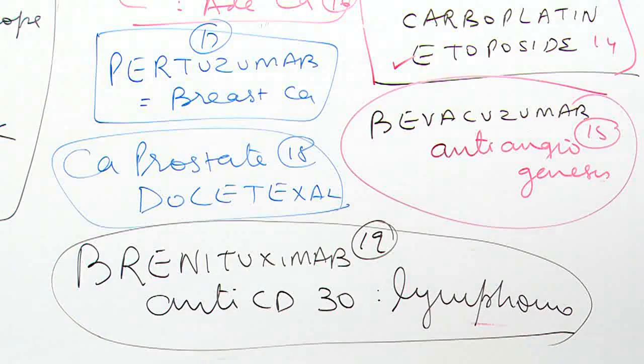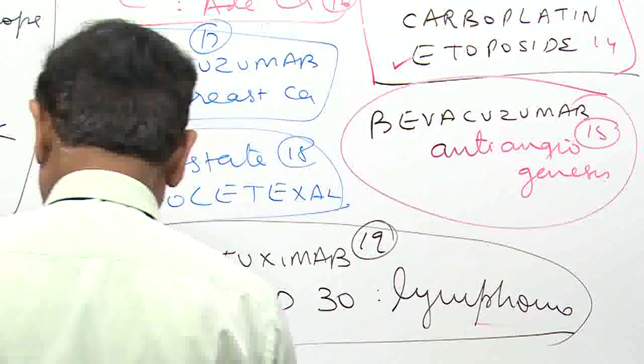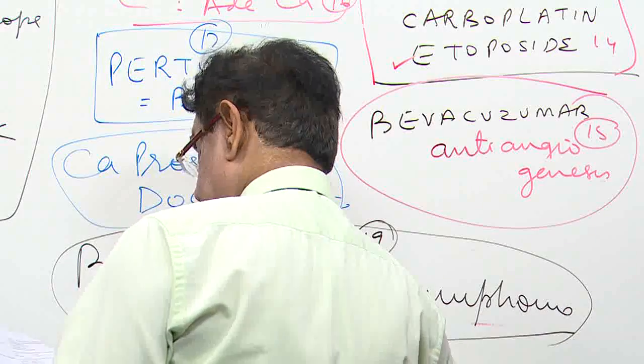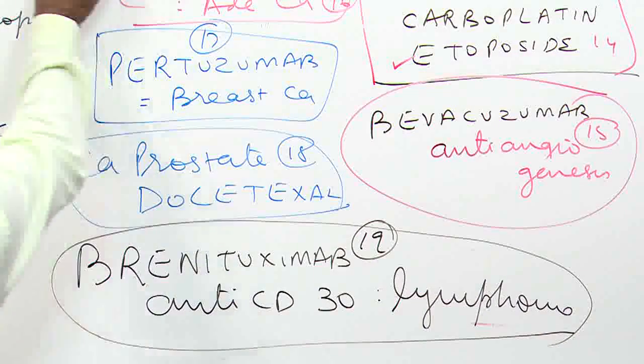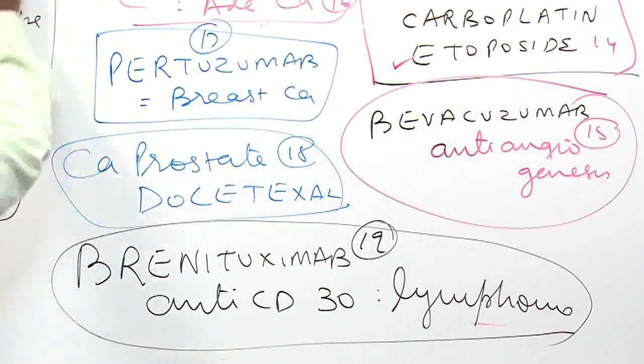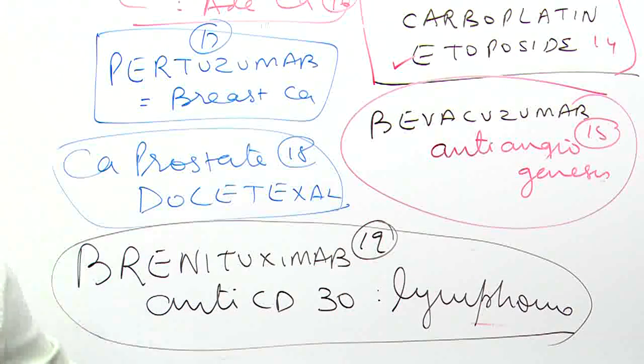Now I would like to share a few more new drugs which have come for rheumatology. I discussed this in a previous lecture also, but a few more things have come up in the 19th edition.